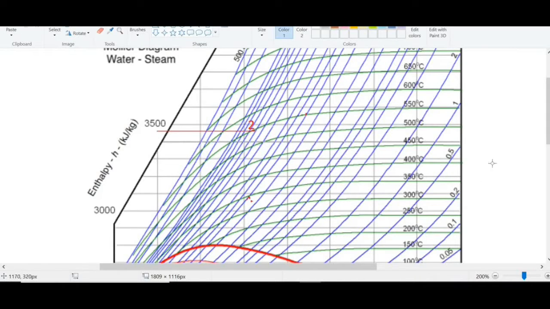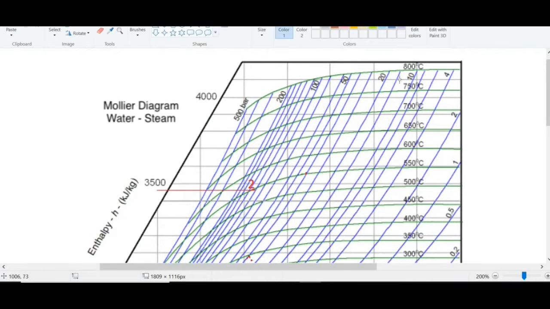Here is the line for 40 bar. Here is 10 bar, here is 20 bar, and after 20 bar, here is 50 bar. That means this line is for 30 bar and this inclined blue line is for 40 bar. So I will extend this point 2 up to this 40 bar. Here is the extension point.